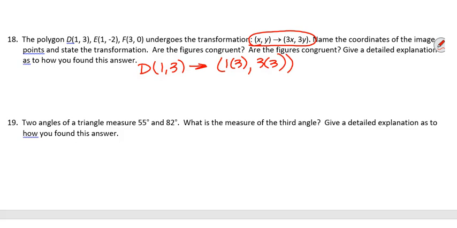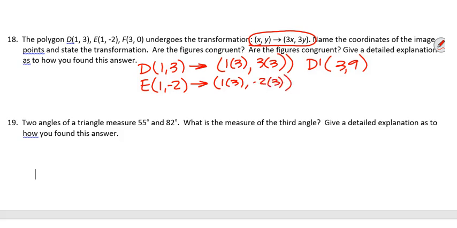So that means D prime is going to be 3, 9. Then we've got E, which was 1, negative 2. We're then going to multiply all of that by 3. So we're going to do 1 times 3 again. We're going to do negative 2 times 3. So that's going to give us for E prime, 1 times 3 is 3. Negative 2 times 3 is negative 6.